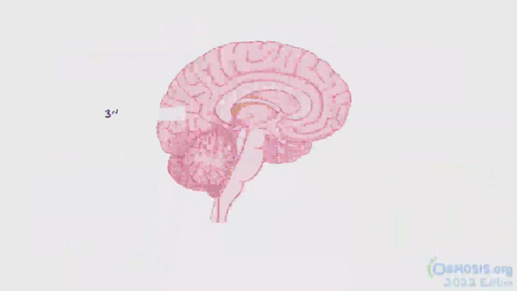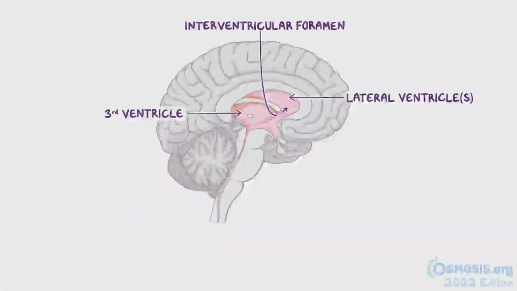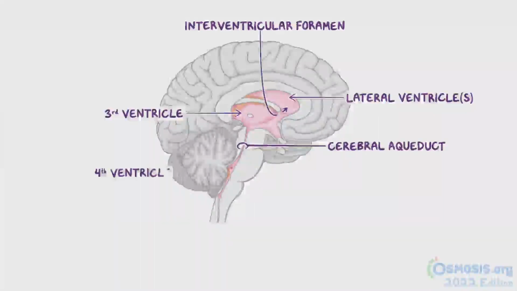On a mid-sagittal section of the brain, you can see the 3rd ventricle centrally. Rostrally and superiorly, there is a depression that narrows into the interventricular foramen, which connects the 3rd ventricle to the 2 lateral ventricles. Inferiorly, the 3rd ventricle continues into the cerebral aqueduct, which is a narrow canal that passes through the midbrain and reaches the fourth ventricle, which is a pyramid-like cavity sitting dorsal to the brainstem and ventral to the cerebellum.